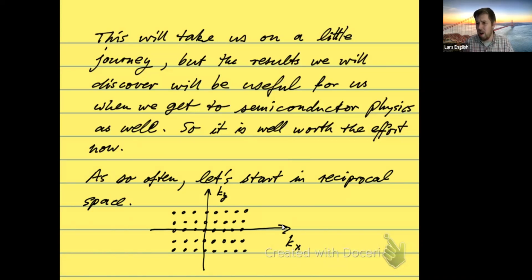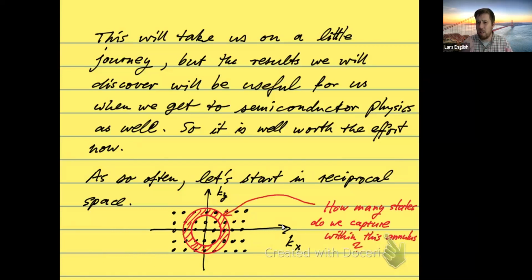We said their separation is inverse to the number of ions that we have in our crystal, so they're very finely spaced. And then I'm going to ask the following question. If I draw two energies in here, how many of these states fall within that annulus between those two energies? That's the question to keep in mind.